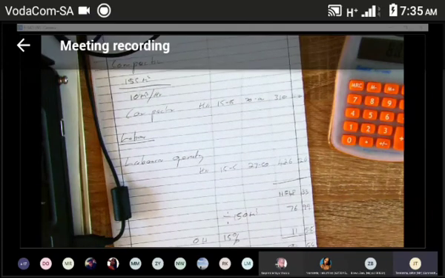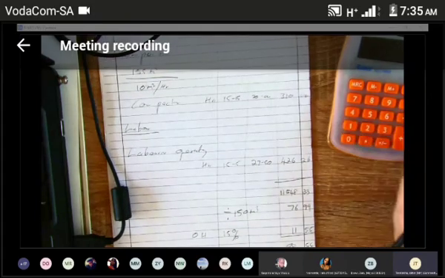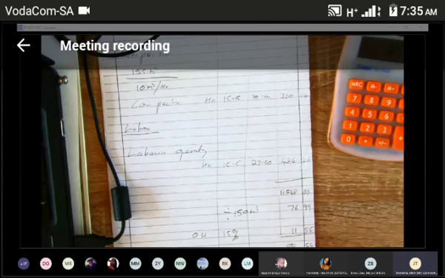And my profit at 10%, times 0.1, equals 8 rand and 85 cents.